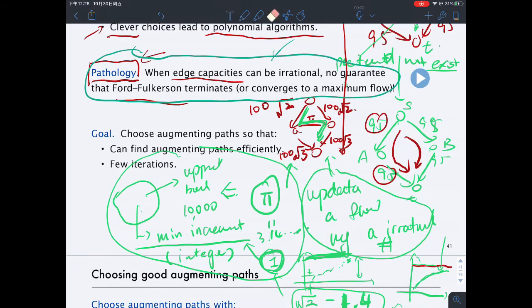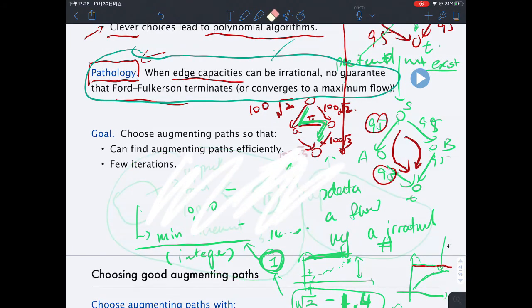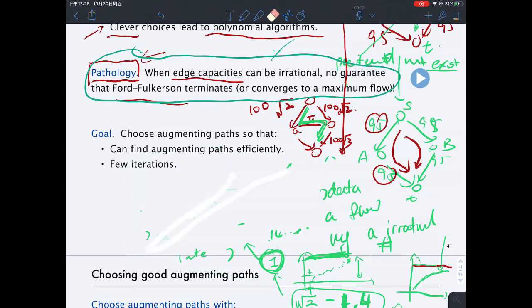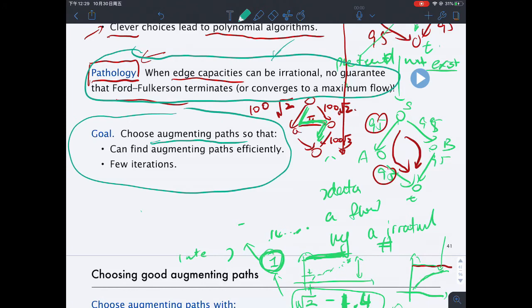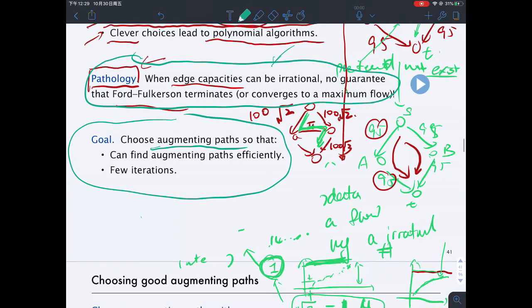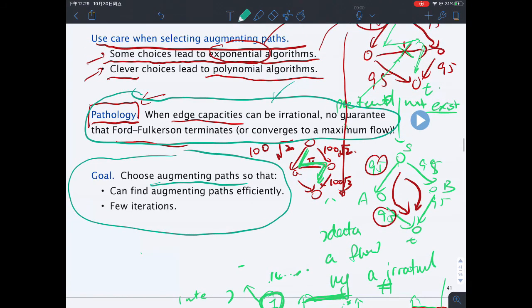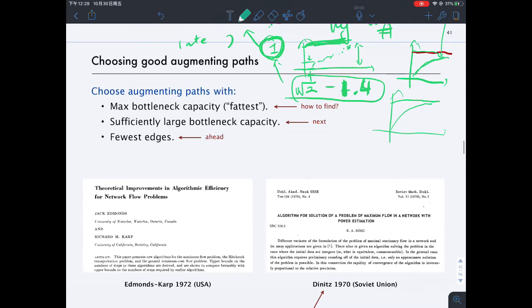So let's head back to our major objective. We want to be able to choose an augmenting path such that we can substantially reduce the number of iterations and avoid those bad augmenting paths.